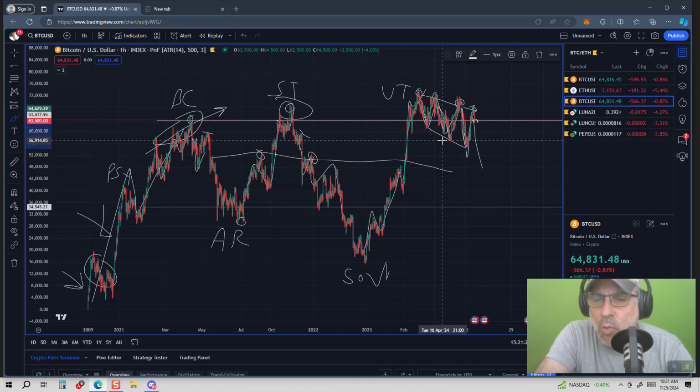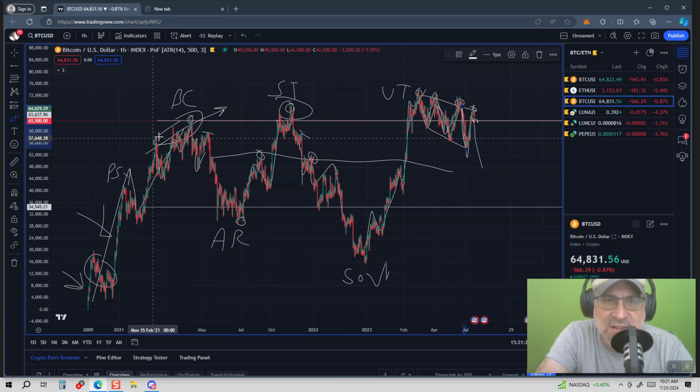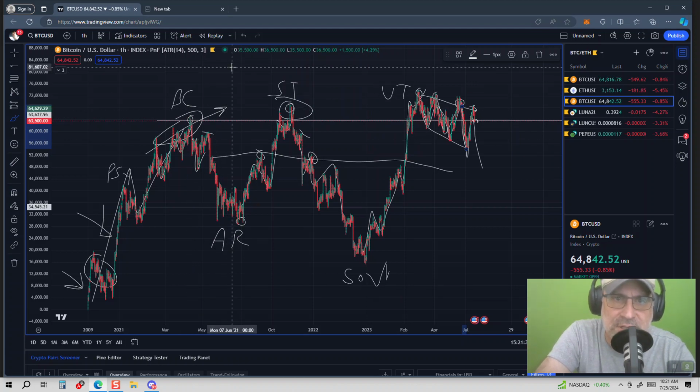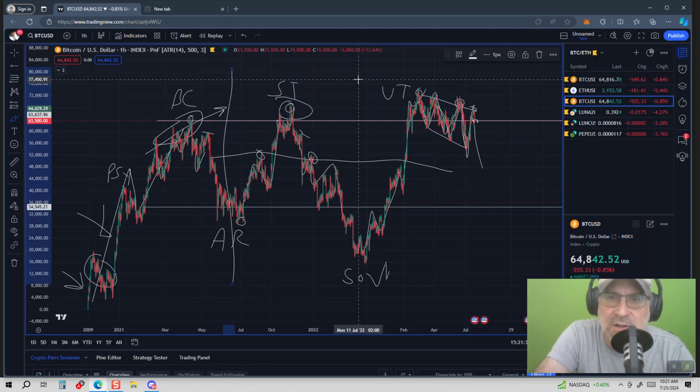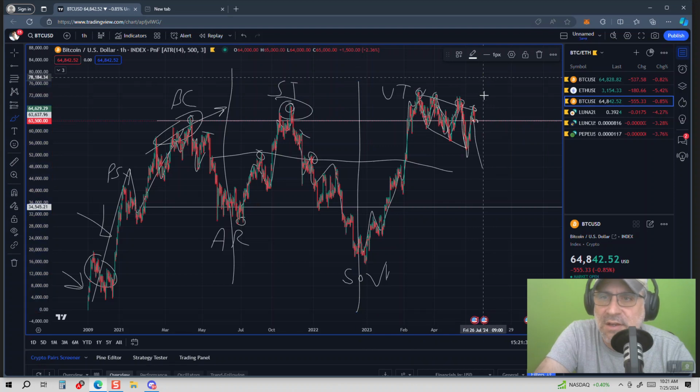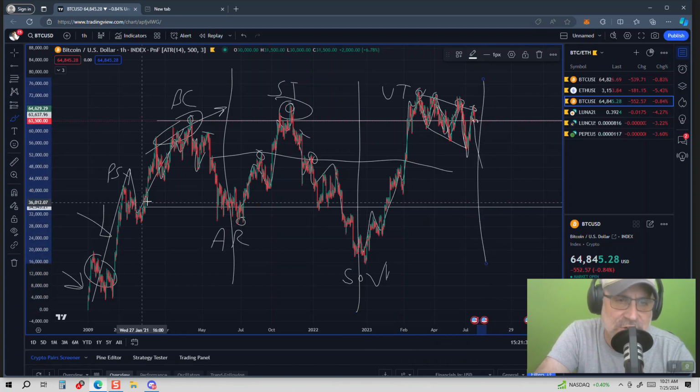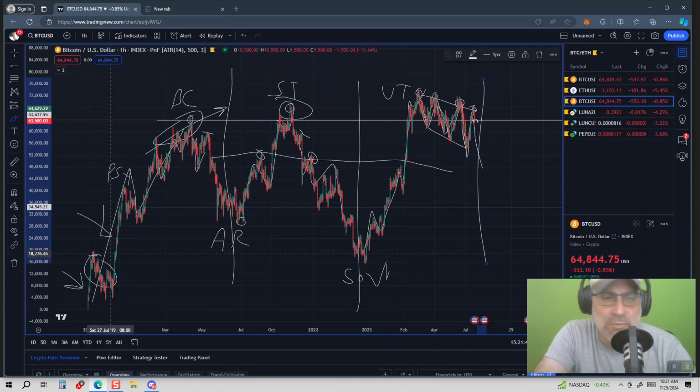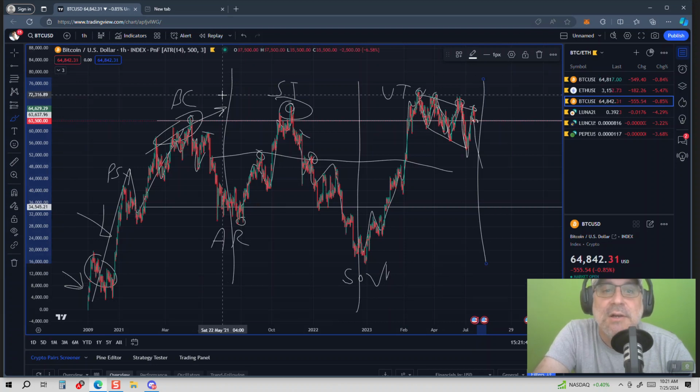Now, what could happen is you see at the end of these tops, usually there's a high that comes in, which is the all-time high for that period. This would be the first cycle, the second cycle, and the third cycle since 2020. Remember, we're not going to count these cycles down here.